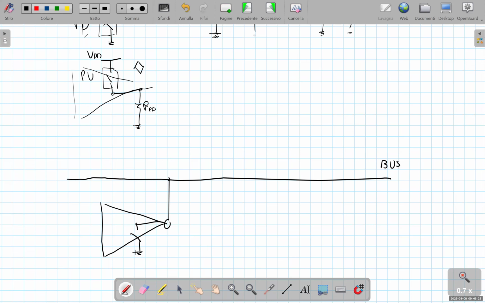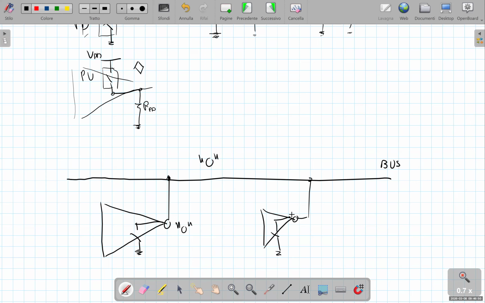We can connect them on the same shared interconnect without any problem, because when one of these gates forces the output low, clearly the bus is forced low.